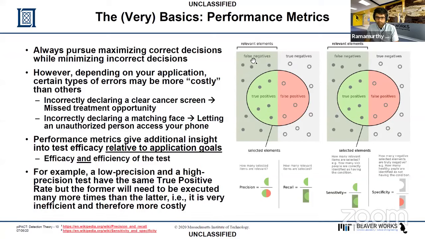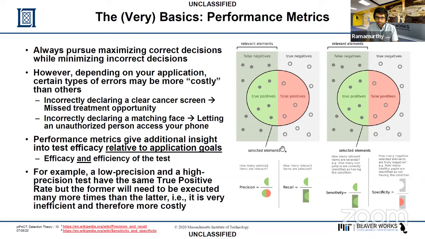These are true positives, these are false. What's inside the circle are actual positive, or true, H1 values. These are positives. What's outside of here are negatives.